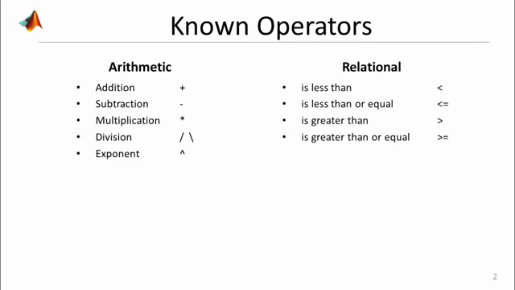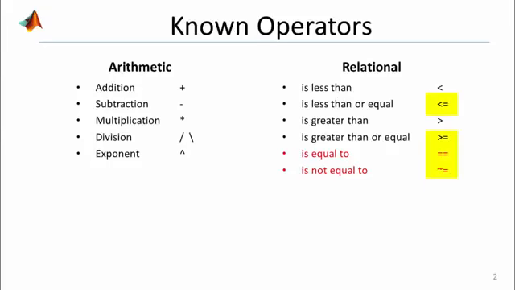Relational operators, you are familiar with a couple of them. Less than or equal, greater than or equal. There are two more. Is equal to, with two equal signs glued together, and is not equal to. Not is the tilde and an equal sign, again glued together.